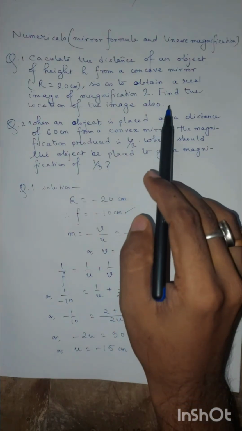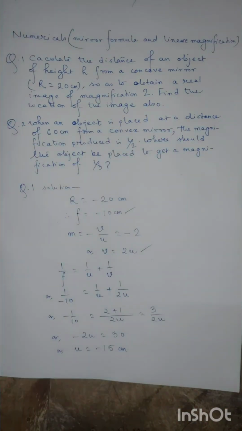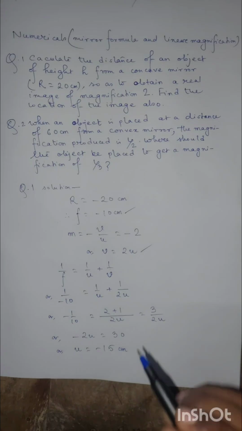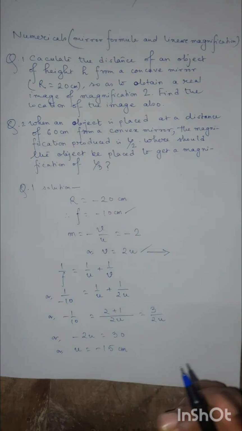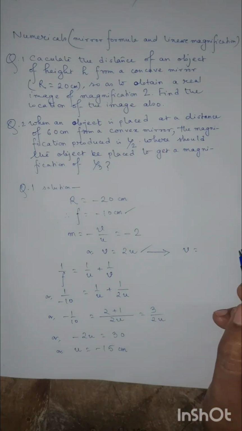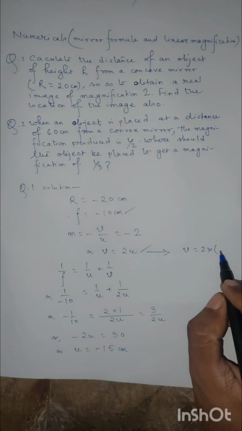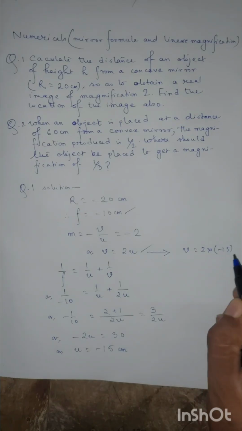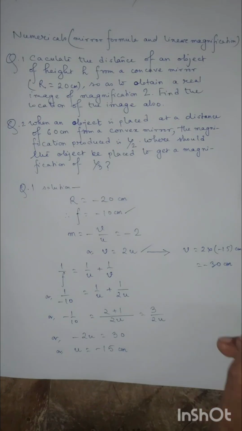Now we need the answer of the second part: find the location of the image also. So we need v. If in this relation we put the value of u, we can say v is equal to 2 into minus 15, so minus 30 centimeter.